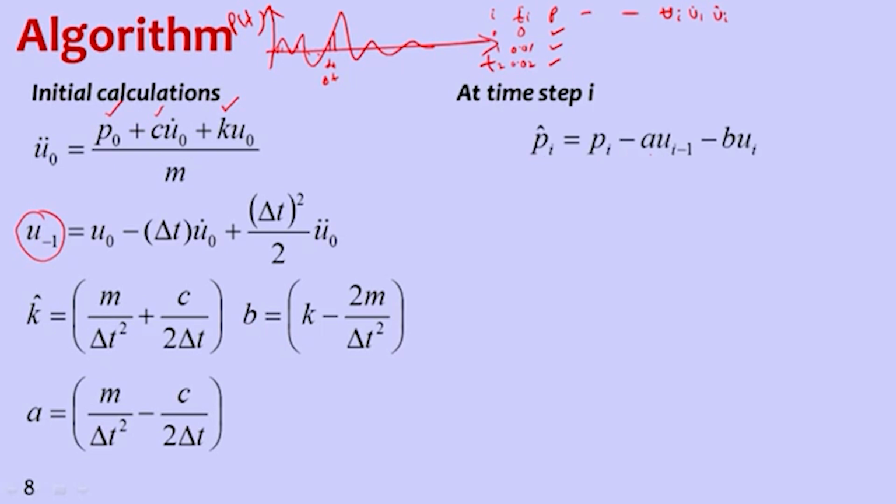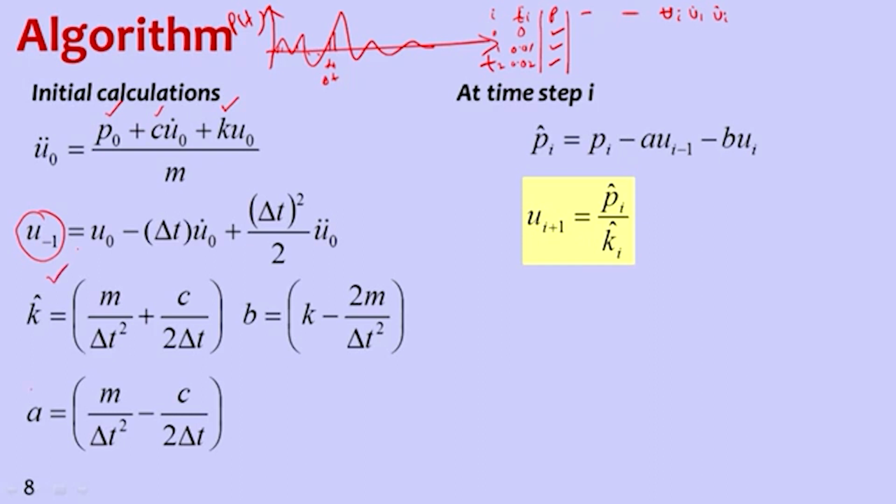So P cap i is equal to P i minus A u i minus 1 minus B u i. This P i will come from this column. Whatever is the ith step, that P we will substitute here, and then u i minus 1 we will calculate and put it. Then u i plus 1 is equal to P cap i by K cap.